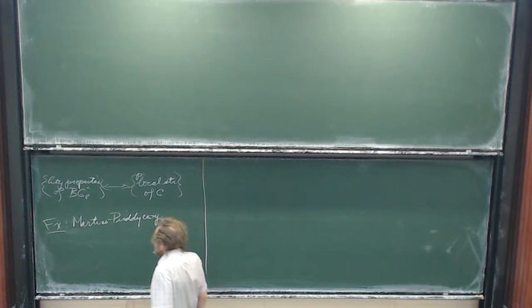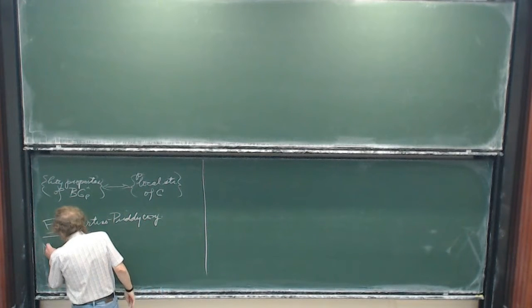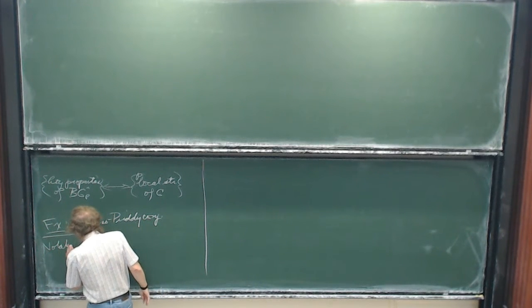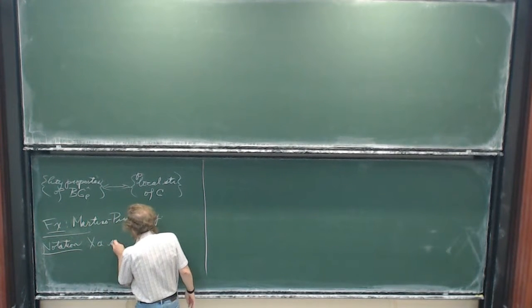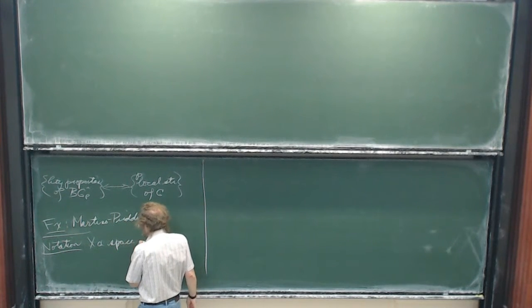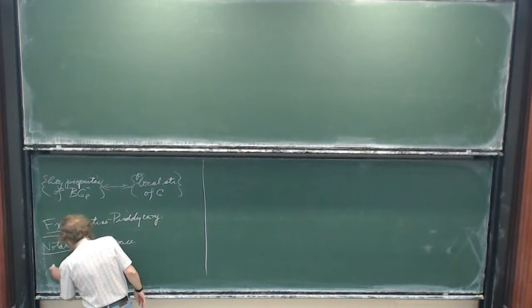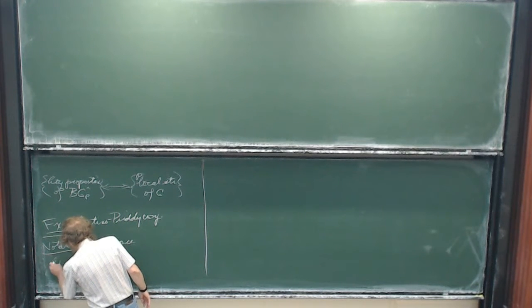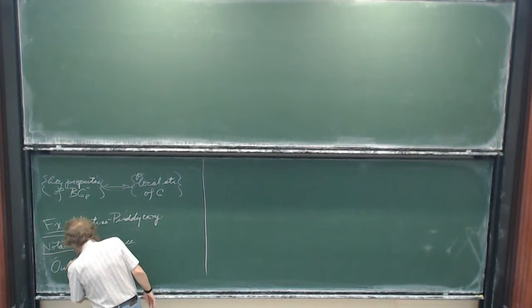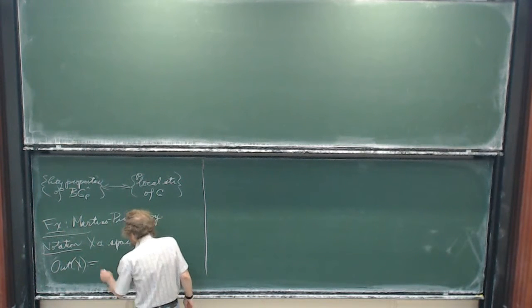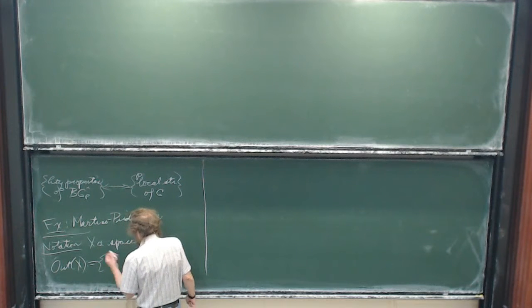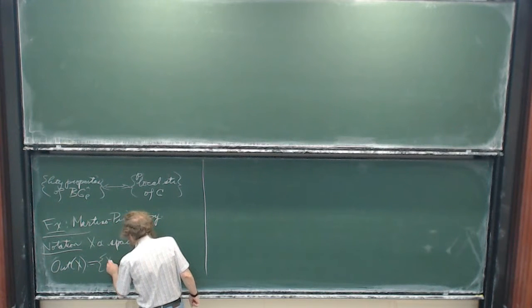So, it's notation. When X is a space, I'll be writing Out(X) for the set of homotopy classes of self-homotopy equivalences.